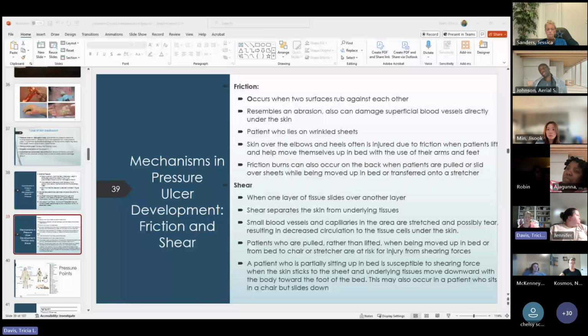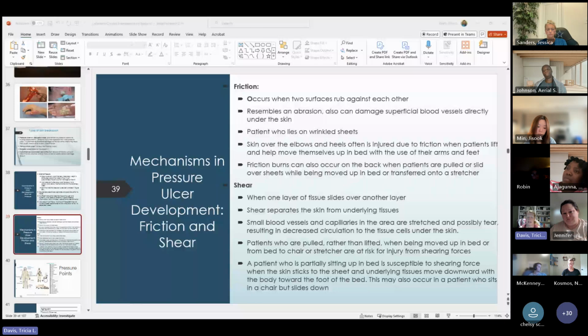Shearing of the skin is when one layer of the tissue slides over another layer. When someone develops a shear, the skin actually separates from the underlying tissues. Very, very common in our older adults because they don't have a lot of subcutaneous fat, and very, very painful.